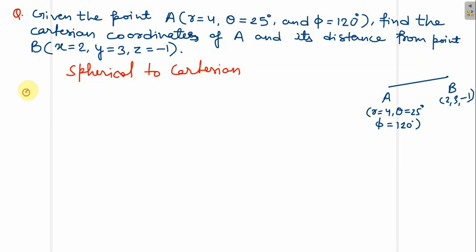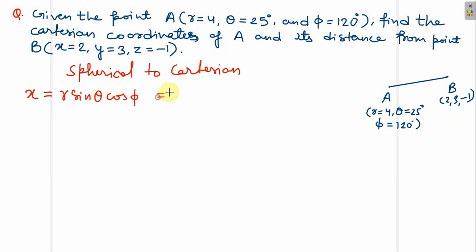Okay, so what is the conversion formula? If it is given in r, theta and phi, we can get the value of x, y and z through these formulas. So the formula I am recalling, that is x equal to r sine theta and cos phi. Okay, so this is your formula.